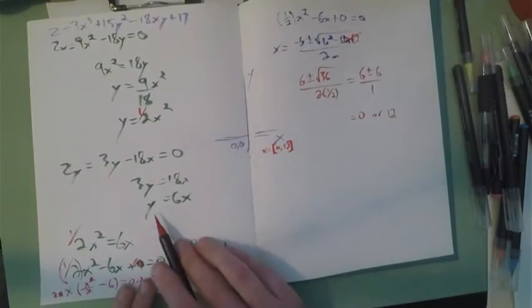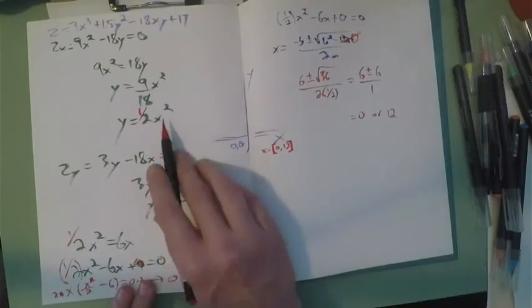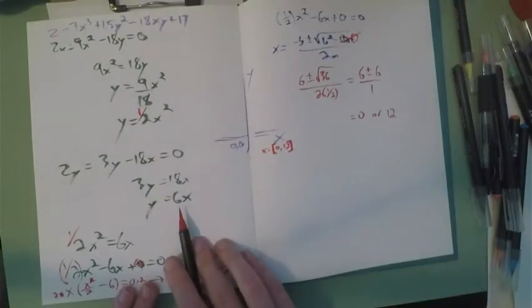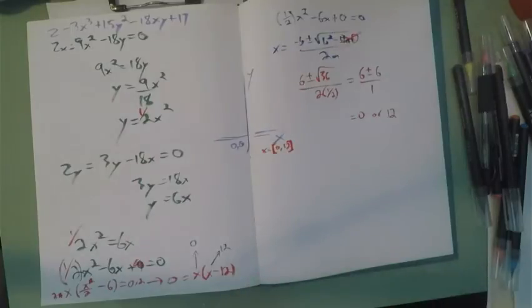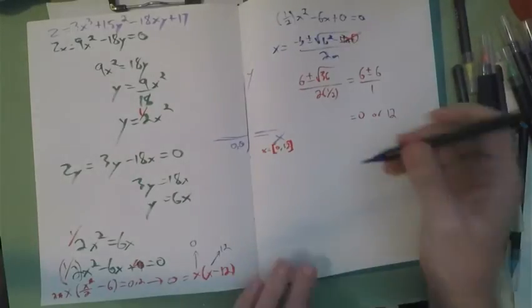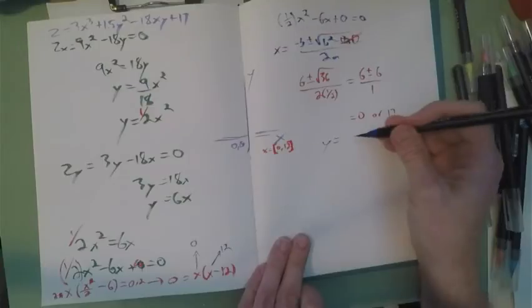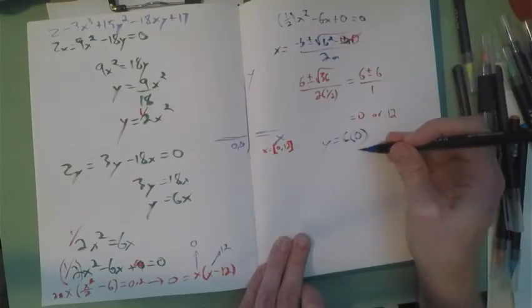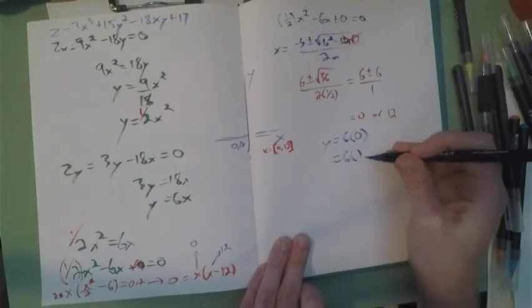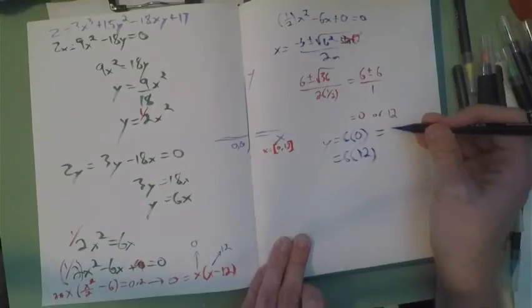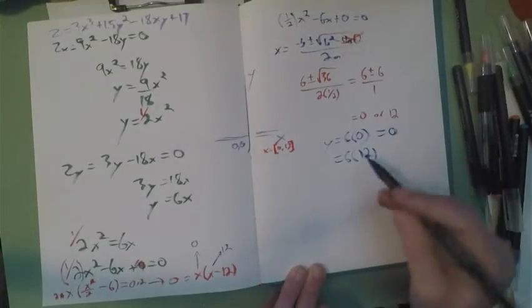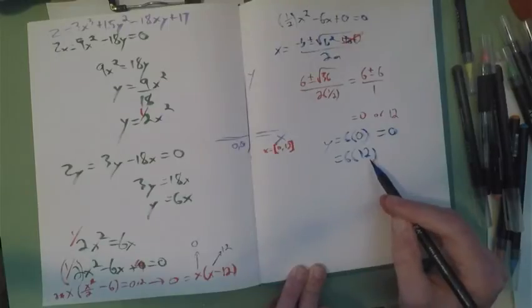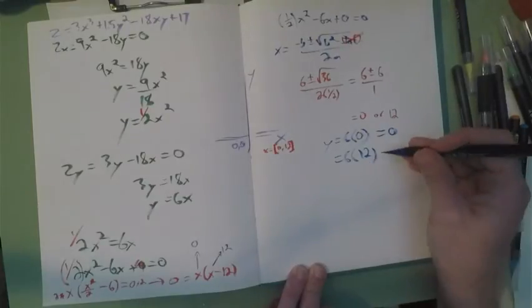So what is y? Well, y is 6x, or it's 1/2 x squared, but this is easier to deal with. So let's switch colors again. y equals either 6 times 0 or 6 times 12. So y is either 0 or, well, that's 60 plus 2 times 6 is 12, equals 72.